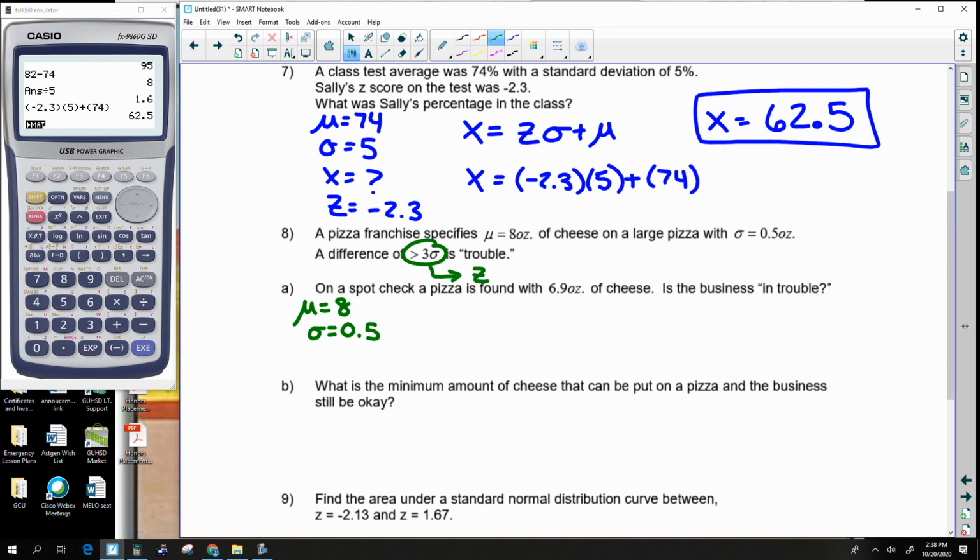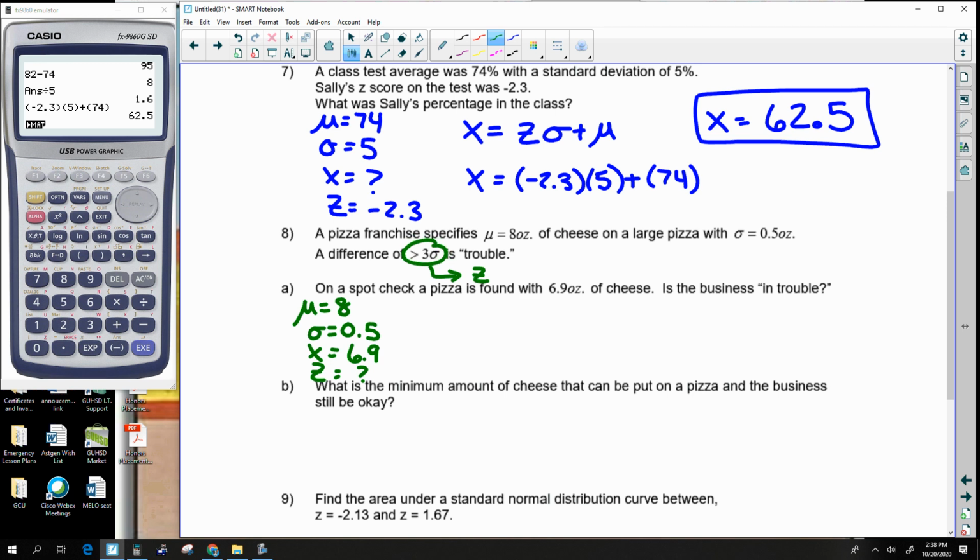This is in essence a Z-score. A Z-score is the number of standard deviations away from the average. So that's what that is saying. Here in question A, it says a pizza was found with 6.9 ounces. What I'm going to do is find the Z-score, and compare it with this allowable 3 standard deviations.